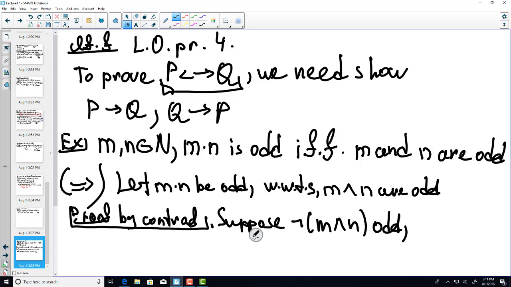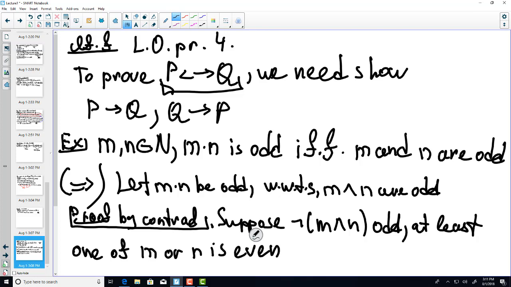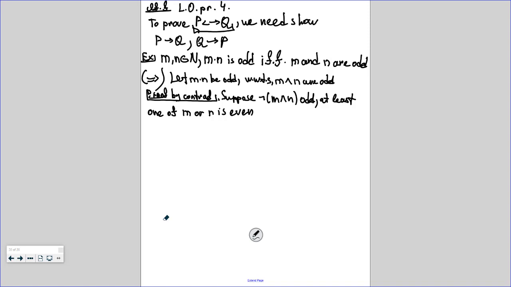This basically means that at least one of m or n is even. Without loss of generality, m is even. So from here we can write that m is equal to 2 times k.